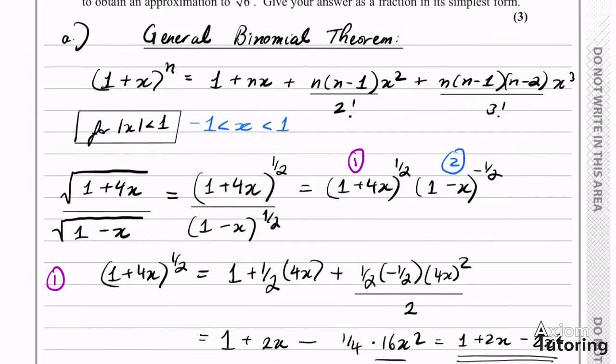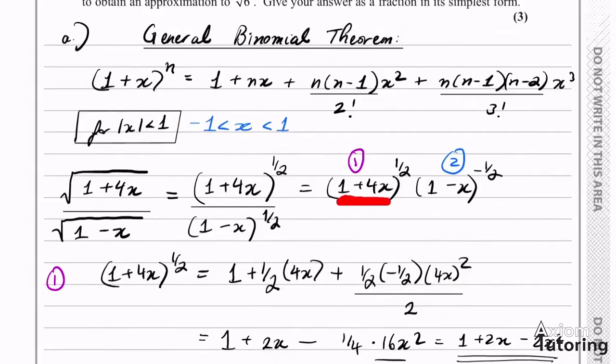So looking at what we have here and the expression we were given, we can see here we have 1 minus x. So we're fine with our 1 minus x here. We could substitute in x equals a half.